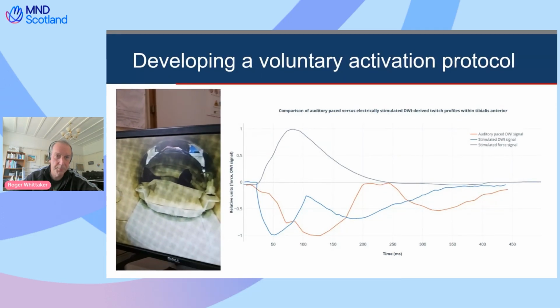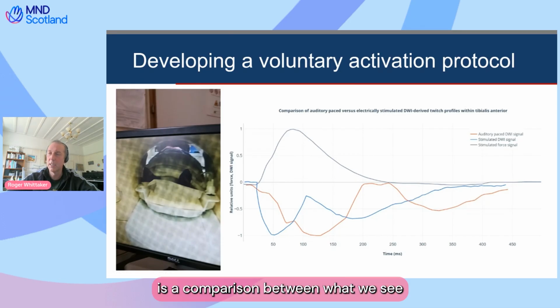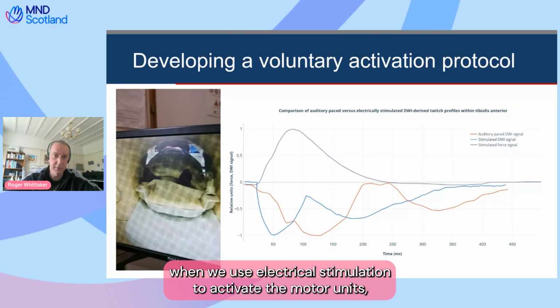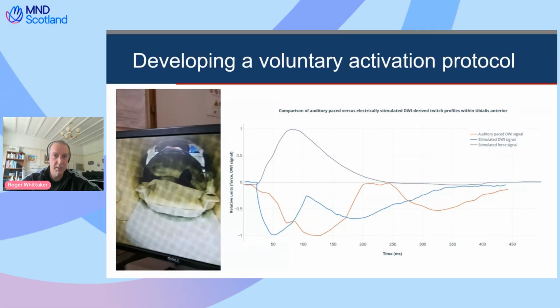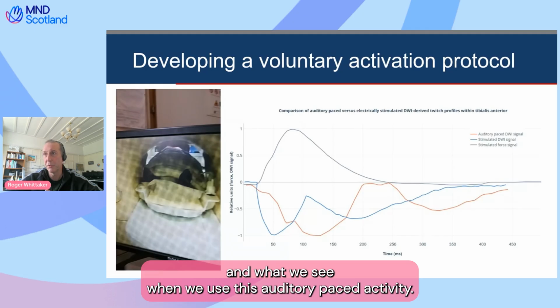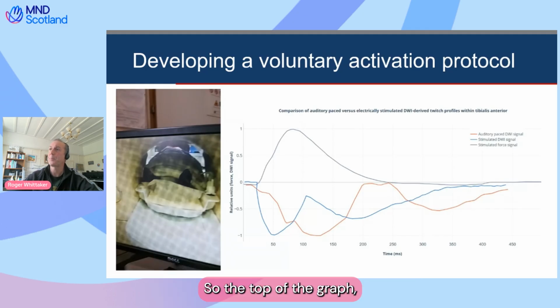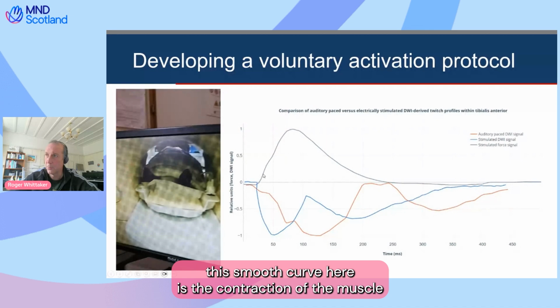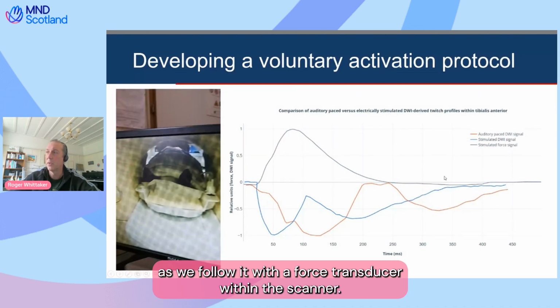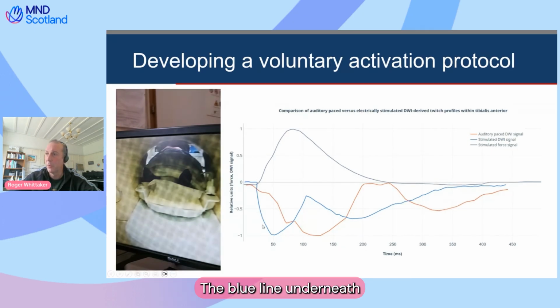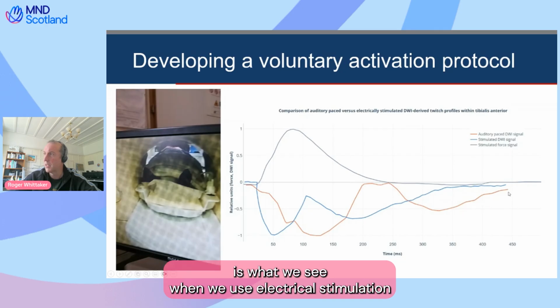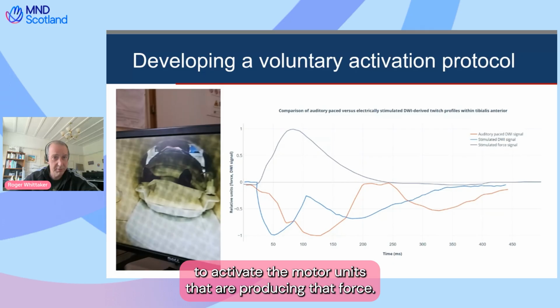And on the right here is a comparison between what we see when we use electrical stimulation to activate the motor units and what we see when we use this auditory paced activity. So the top of the graph, this smooth curve here, is the contraction of the muscle as we follow it with a force transducer within the scanner. The blue line underneath is what we see when we use electrical stimulation to activate the motor units that are producing that force.